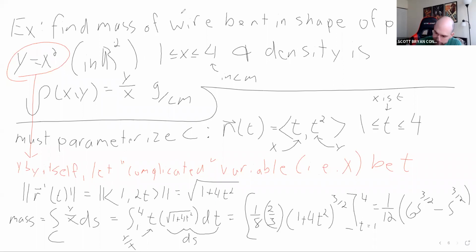We get 1/12 of that. We just do a simple u-sub there.